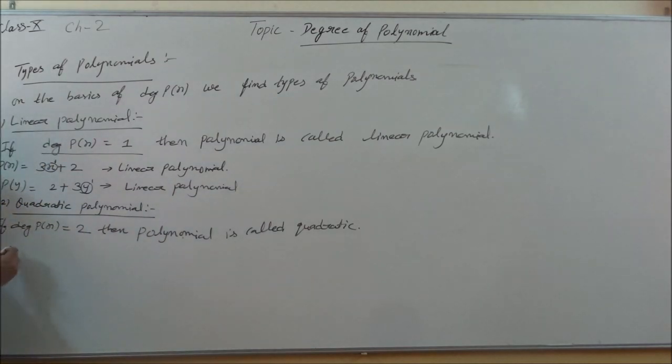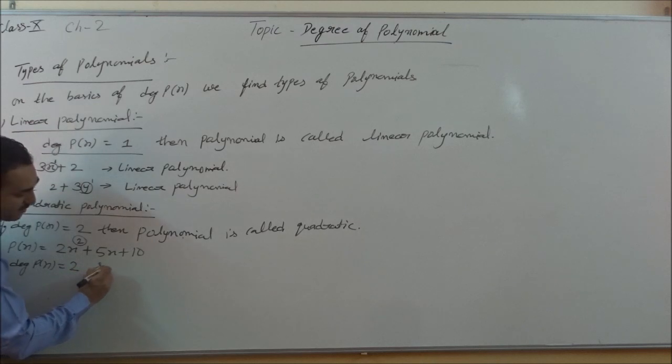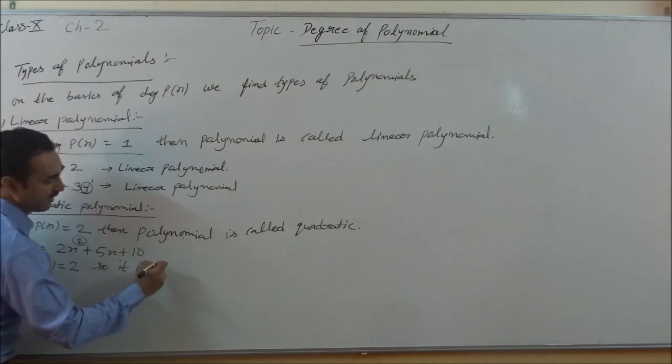Let's see an example. P(x) equals 2x square plus 5x plus 10. Now you can see the degree of the polynomial is 2. So degree of polynomial P(x) is 2. So it is a quadratic polynomial.